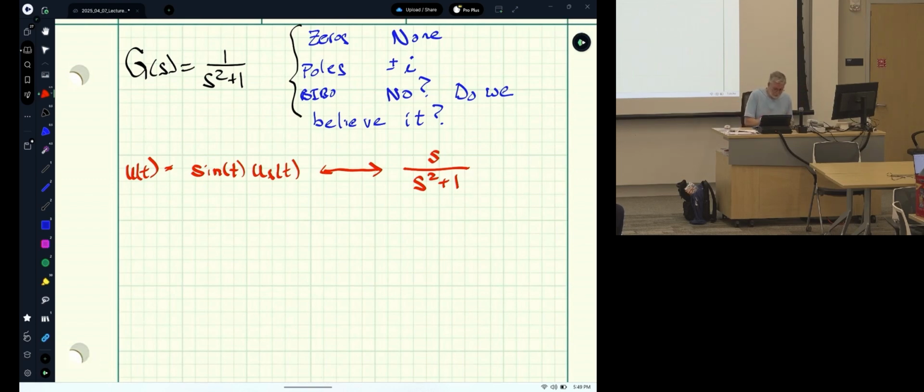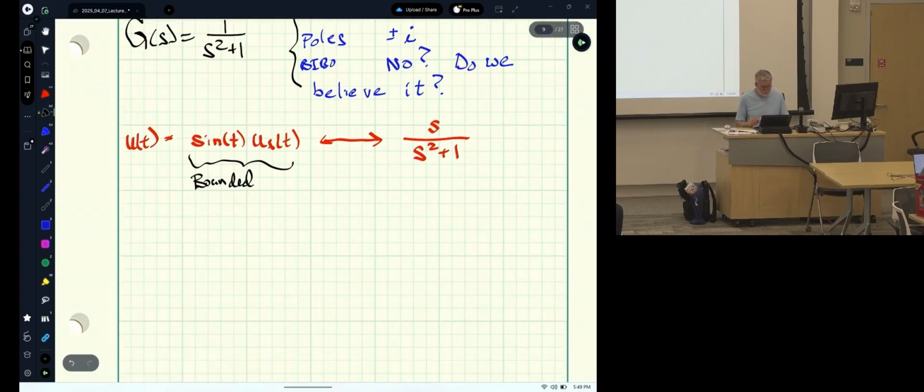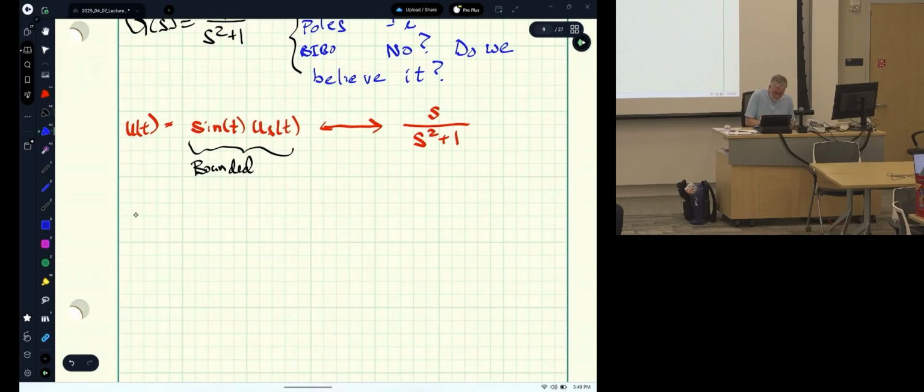Sine of t is bounded, okay? So this is bounded. So it's a bounded input. Y of s, that's g of s times u of s.